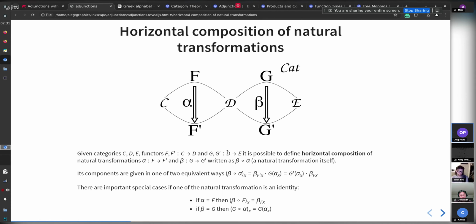So you can have composite functors, right? You can have G dot F, you can have G prime dot F prime, right? You can have G prime dot F and such.